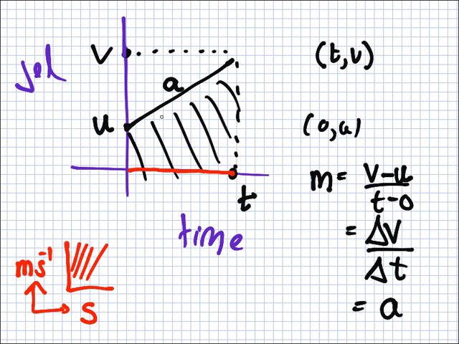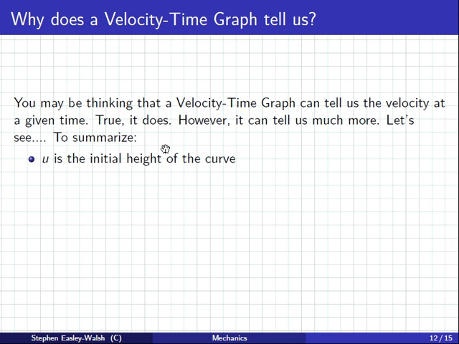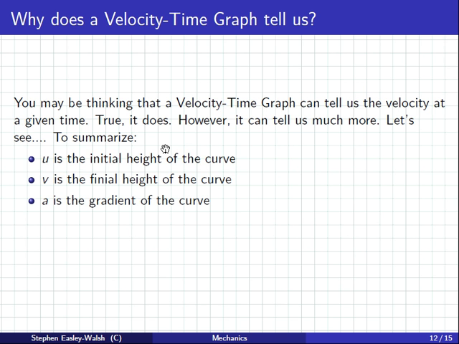Meters. So if the unit is meters, then it must mean that the area represents s. Okay. To summarize, u is the initial height, v is the final height, a is the slope, t is the base, and s is the area. So all the information is on the graph. Okay? I need you to make note of this.